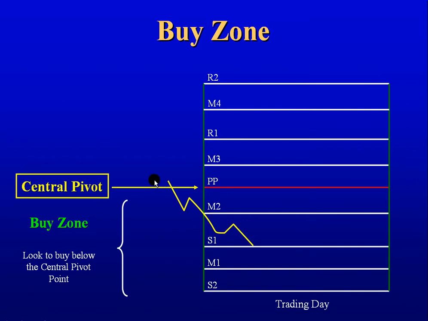Say, for example, price moves into a current trading day. Let's say that this green line is 0-100 hours GMT, and we move into the new trading day, and price moves down into the buy zone. Then we want to look for distinguishing characteristics here in the buy zone.